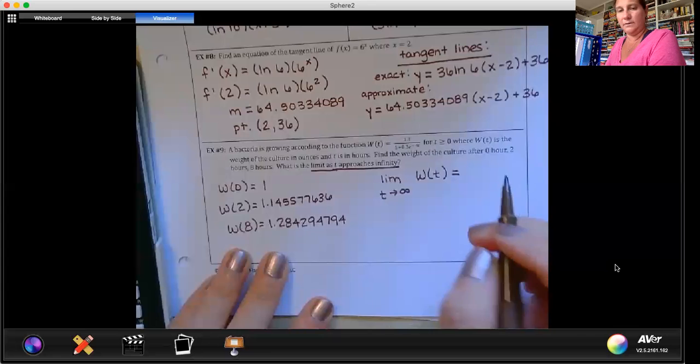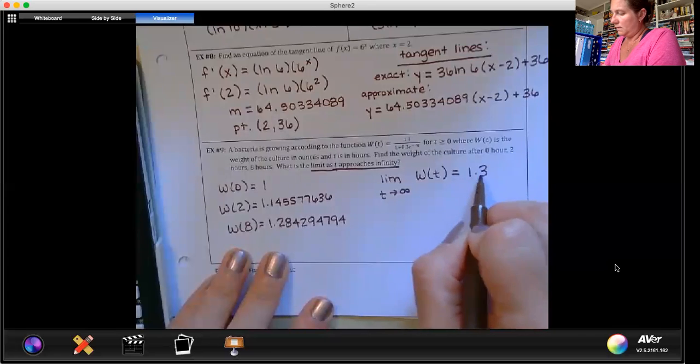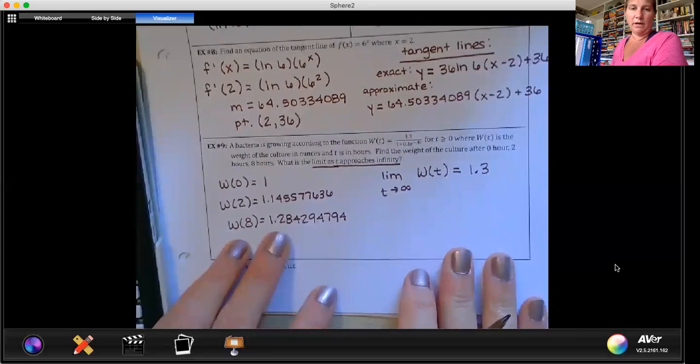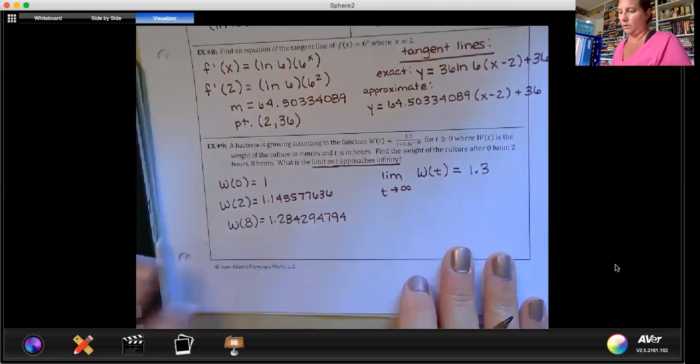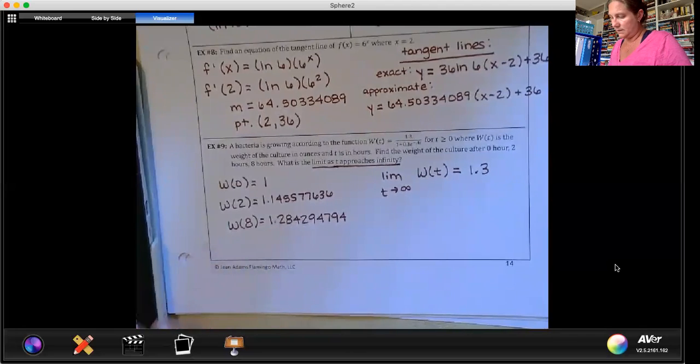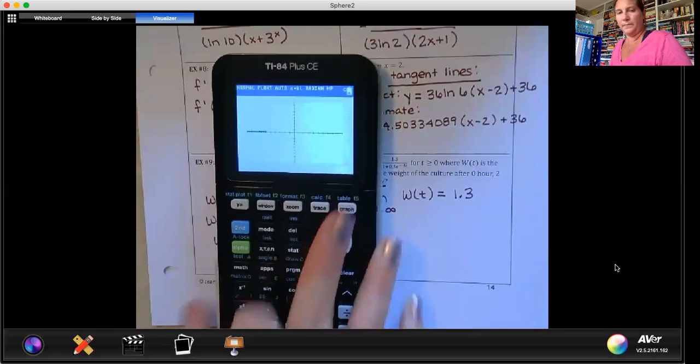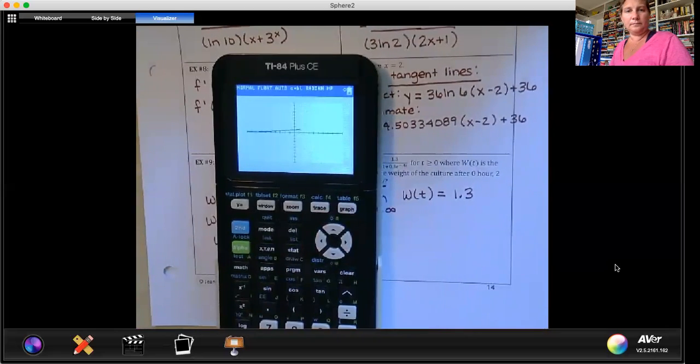And we could graph that as well. And we would see that it approaches 1.3. And as you can see for 8, it gets very close to 1.3. What the graph looks like is, you can see it's getting closer and closer and then plateaus. And that plateau would be right around 1.3.